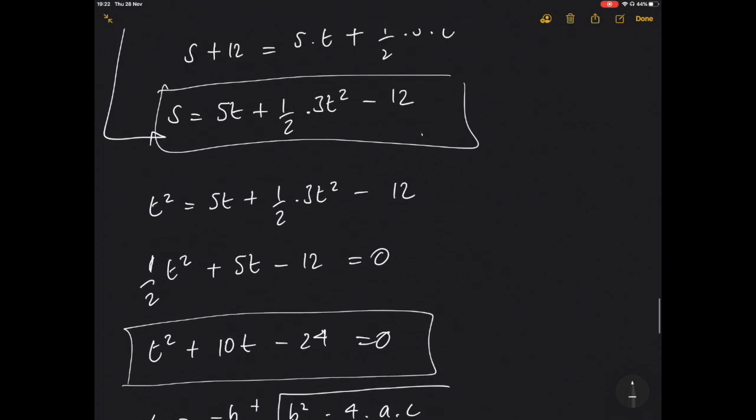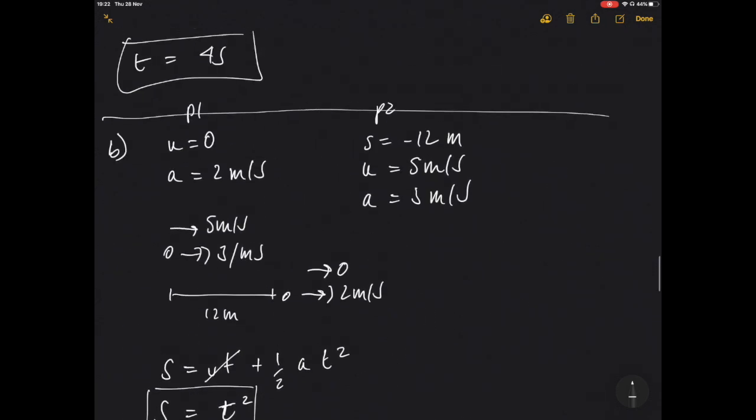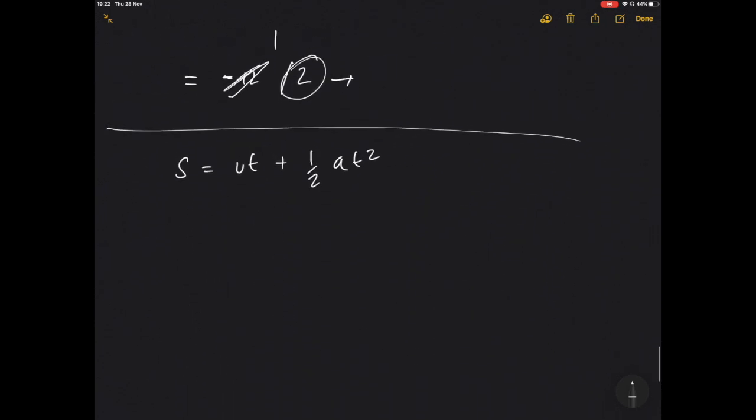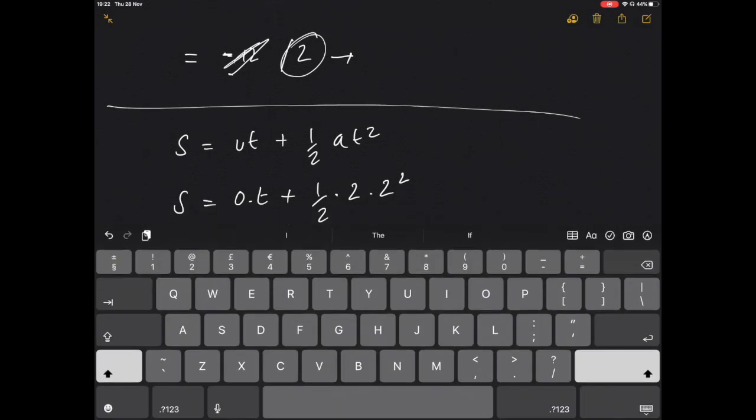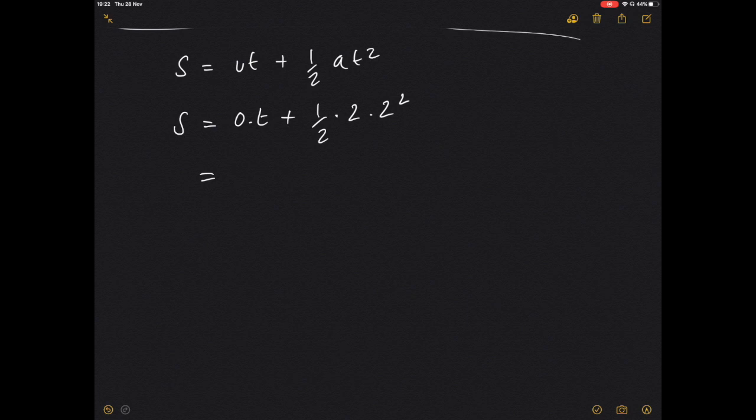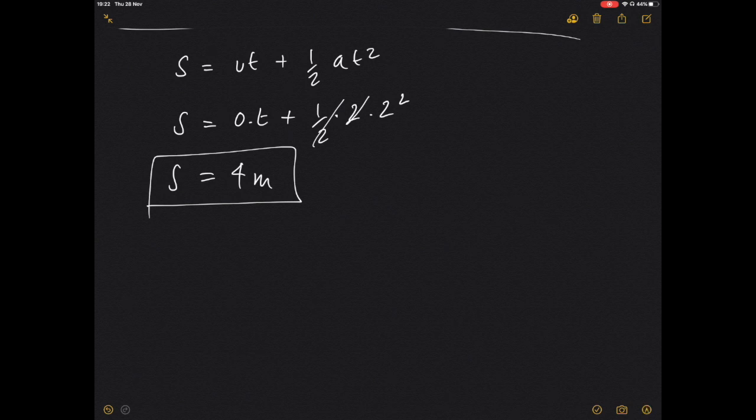We know from our particle 1 that our velocity was 0 and our acceleration was 2, so the distance travelled equals 0 times t plus a half times 2 times 2 squared, and that would be equal to 2 squared times 2 over 2, so this cancels, and s would equal 4 meters. Okay, so that's a bit more of a tricky question, but it's something that might come up.